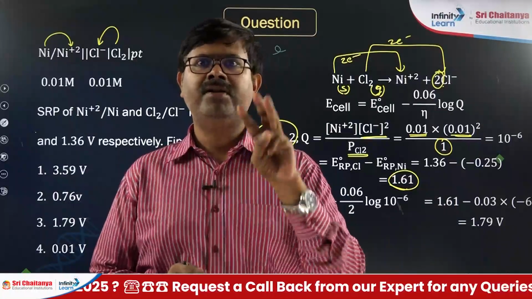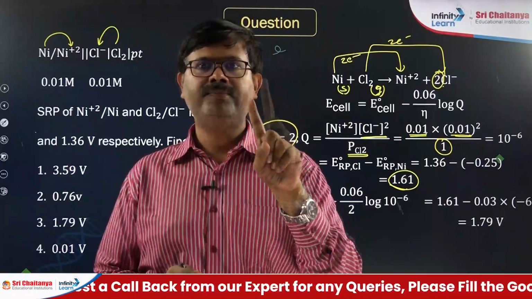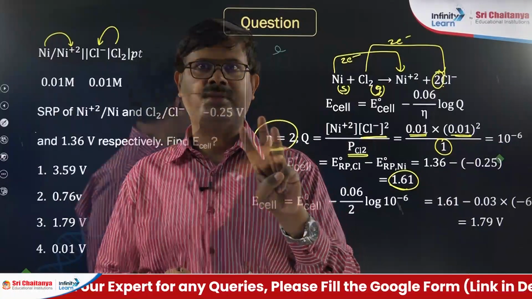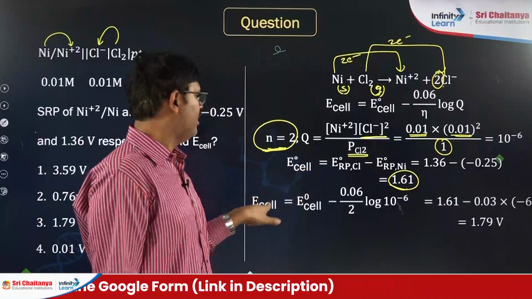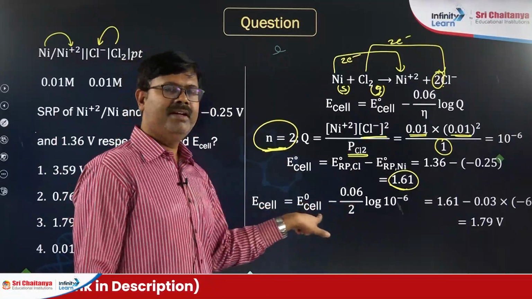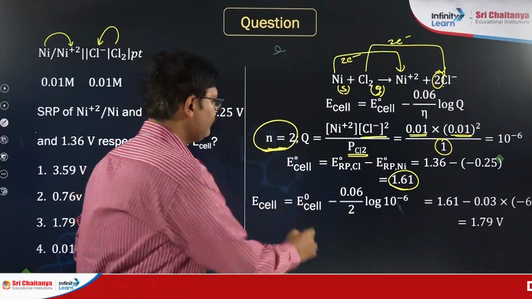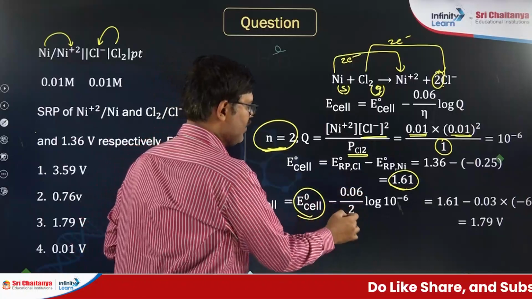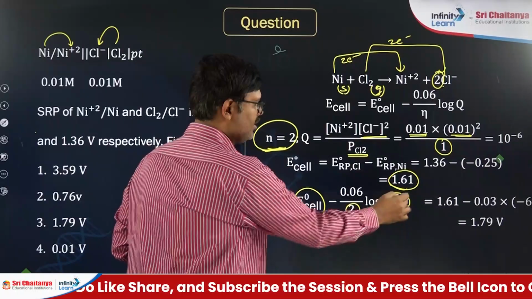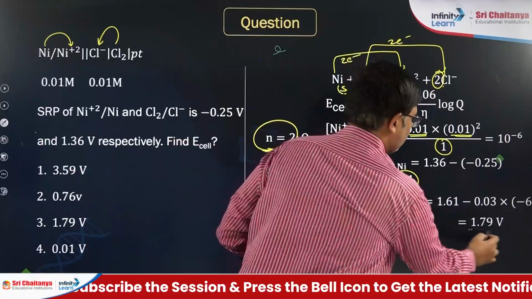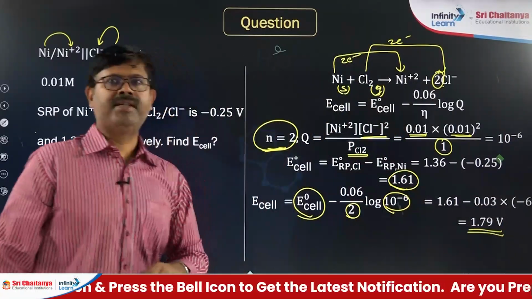To apply that equation, 3 things you need: E naught cell, n, and the reaction quotient. n, the reaction quotient, and E naught cell we have calculated. Now substitute those values in the Nernst equation: E naught cell minus 0.06 by n logarithm of Q. So by substituting these three, we will get the EMF of the cell as 1.79.